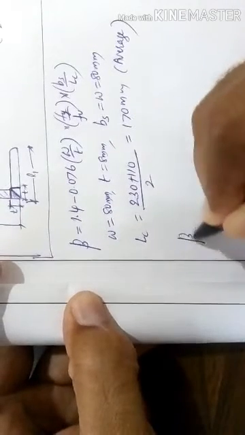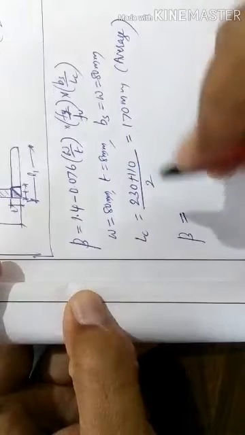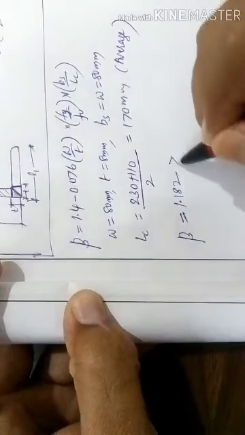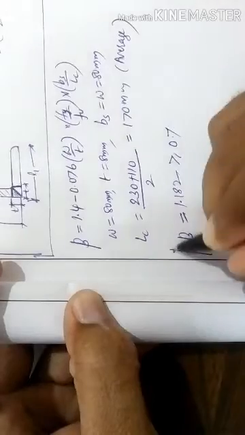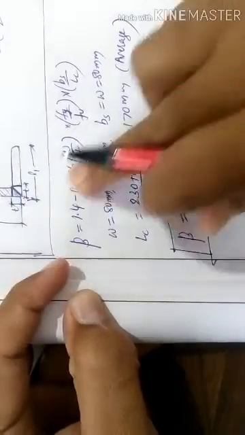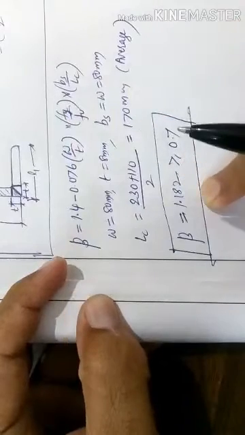Then calculate beta. When you substitute all values, you will get beta 1.182. This should be less than or equal to the limit as per the code. Please refer to the code, you will get the equation for beta.